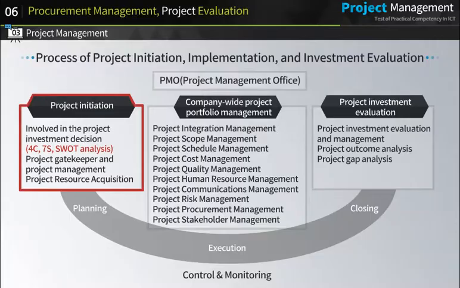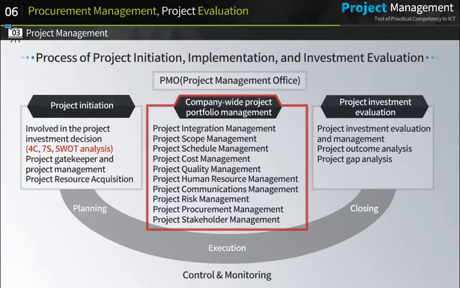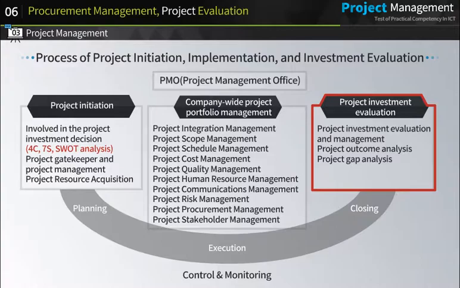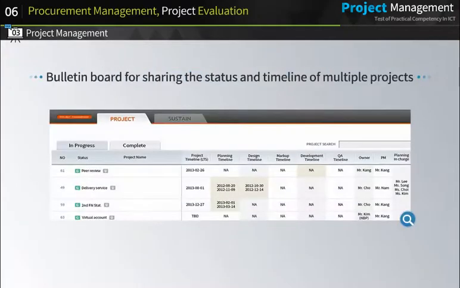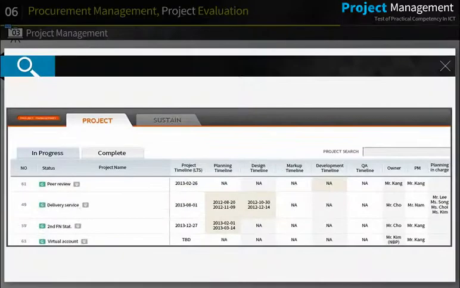In the project initiation phase, the corporate decision on the project investment matters most. The next is company-wide project portfolio management. This is what we have learned so far. Lastly, project investment evaluation.